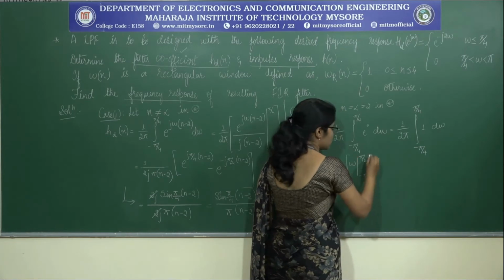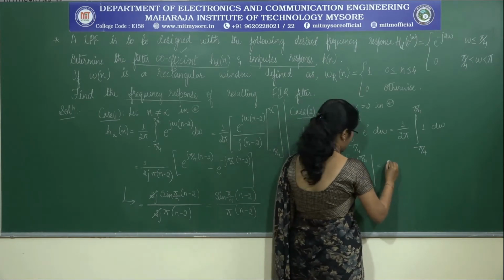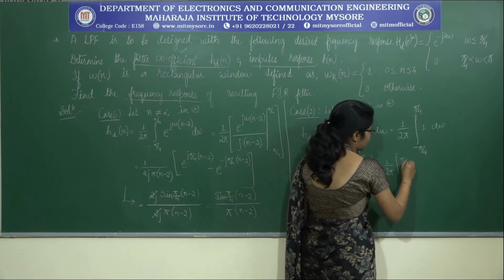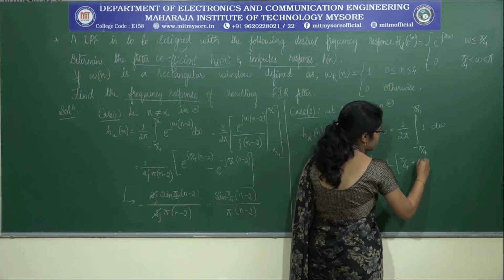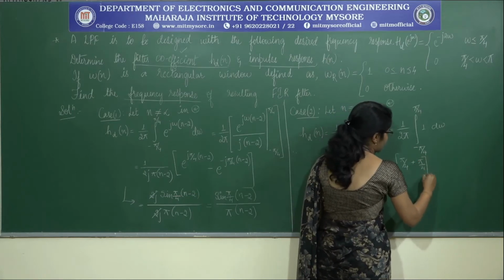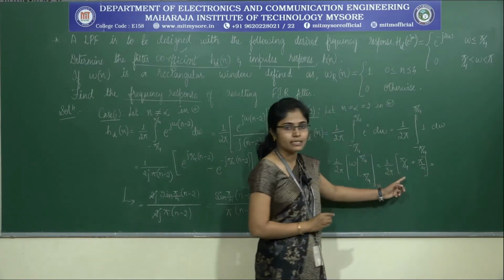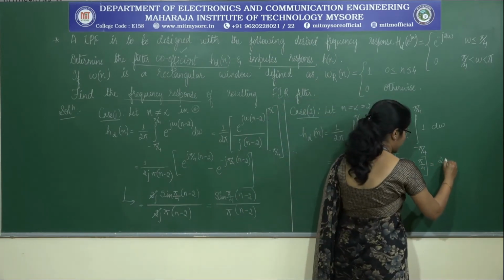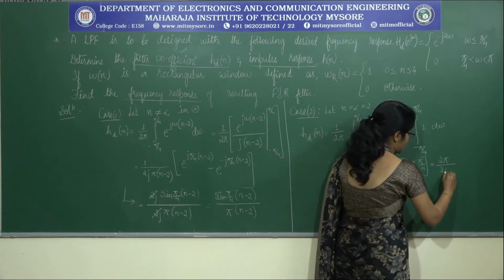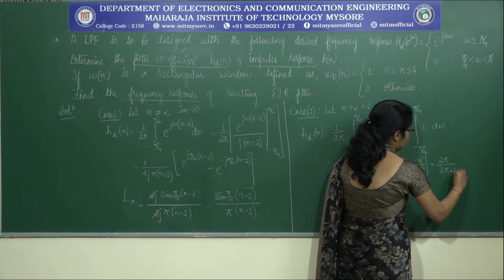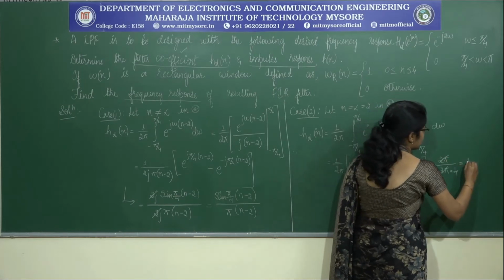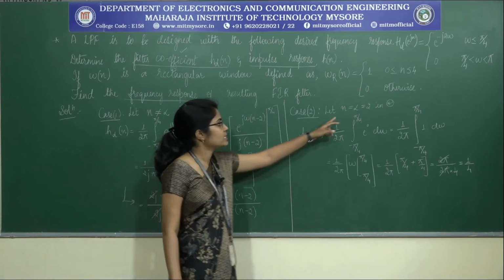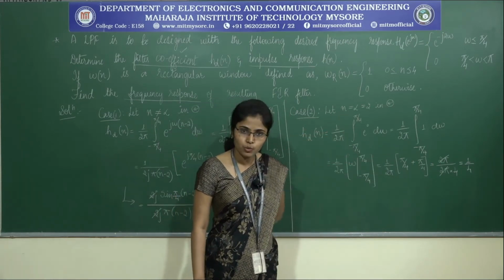Substituting the limits, this is 1 by 2 pi into (pi by 4 plus pi by 4), minus of minus becomes plus. The LCM is 4, so adding the numerator it will be 2 pi divided by 2 pi into 4. 2 pi gets cancelled. Therefore, the value of hd of n when n is equal to alpha is equal to 1 by 4.